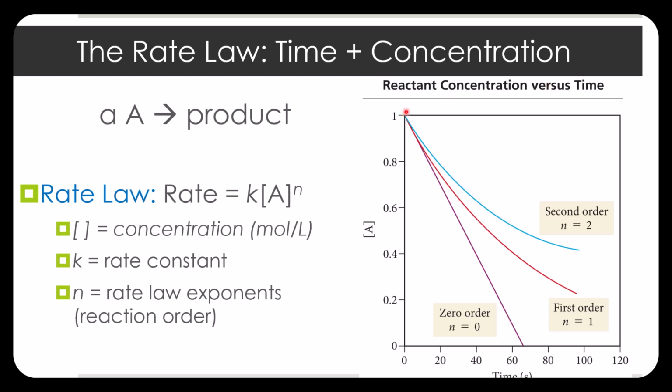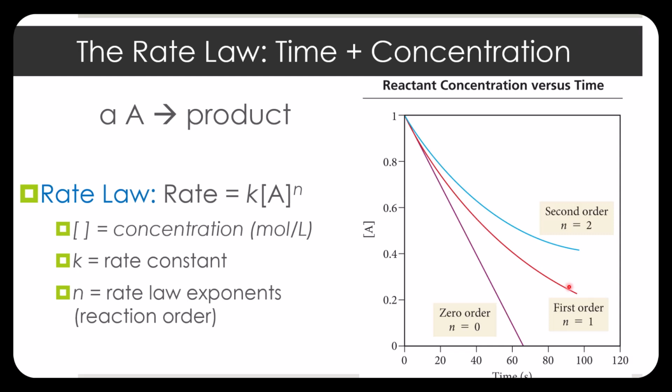Looking at this graph again, we're going to focus on the red line. Red line is first order. So when we have a lot of our reactant, that slope is going to be very, very steep. So a lot of reactant, very fast rate. But as the amount of A goes down, the rate is also going to slow down.